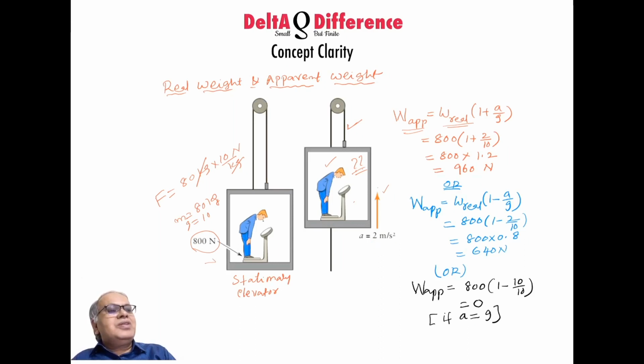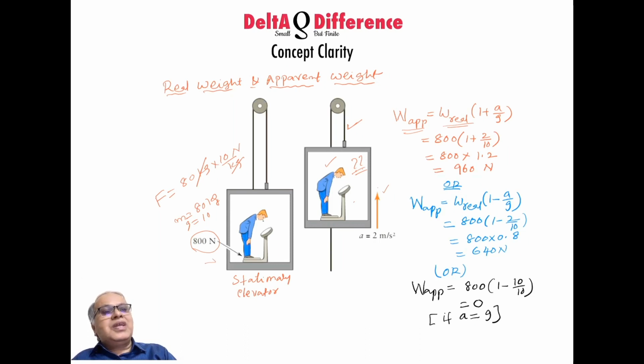So why is the weight reading actually becoming different? Why is the reading shown less, 640, or why is it more there, and what do you mean by that becoming 0? Because he's still standing there, and this machine shows nothing, as if the acceleration told the machine, come on, don't show any weight. So this we need to address in a proper way.